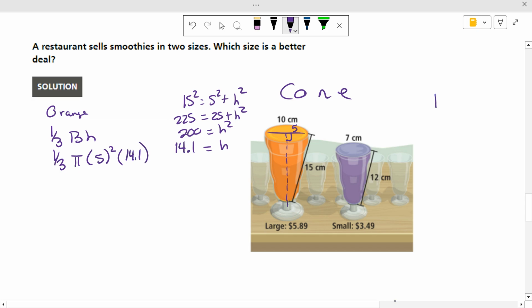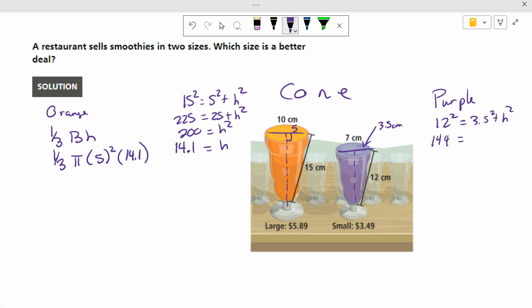Okay. The purple one, it's 7 centimeters across. So the radius is 3.5 centimeters. So you have to take 12 squared equals 3.5 squared plus the height squared. So 144 equals 3.5 squared, I forget what that is, I suppose it's around 12-ish, 12.25, plus the height squared.